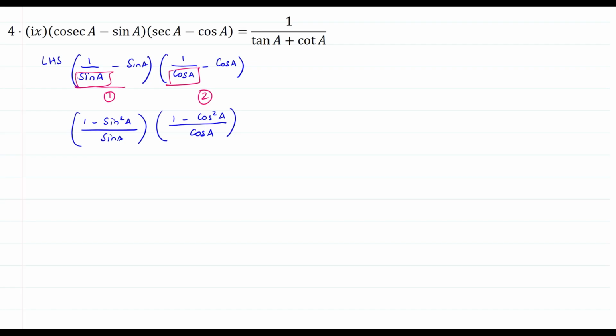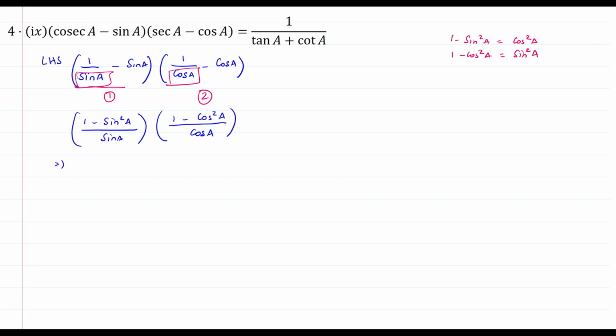Okay. Now 1 minus sin square A is what? 1 minus sin square A is actually equal to cos square A, and 1 minus cos square A is actually equivalent to sin square A. Therefore we substitute them.